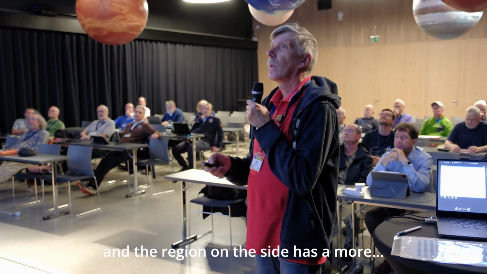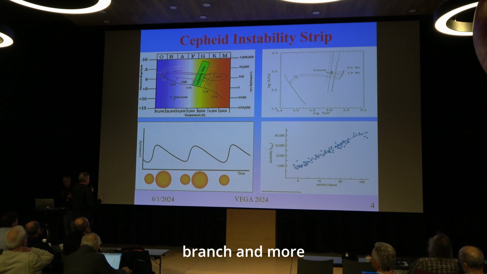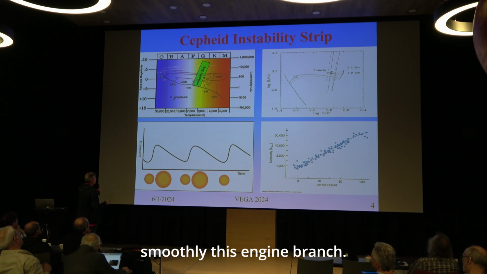There is a characteristic form of the light changes of Cepheids. As a rule, the classical Cepheids have a more rapidly ascending branch and a more smoothly descending branch.